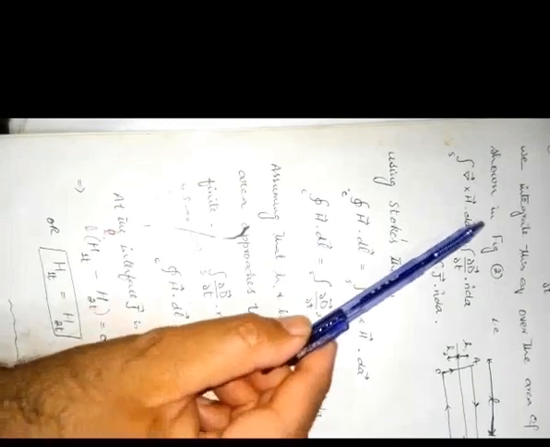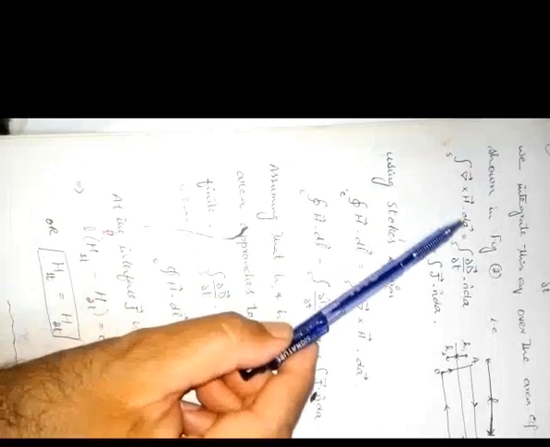By Stokes theorem, we can convert this left hand side into a line integral over the closed path ABCDA. So instead of the surface integral of del cross H, we can now substitute the line integral over the closed path C, that is ABCDA, of H dot dl, and the right hand side is the same.